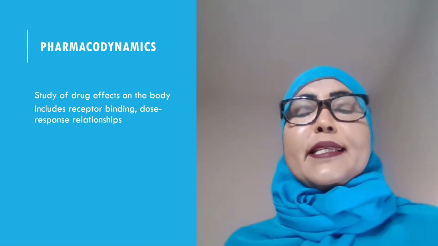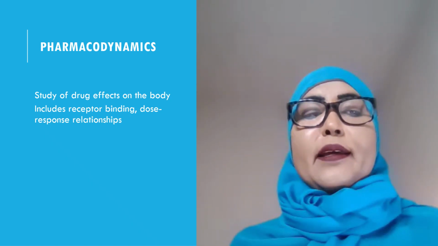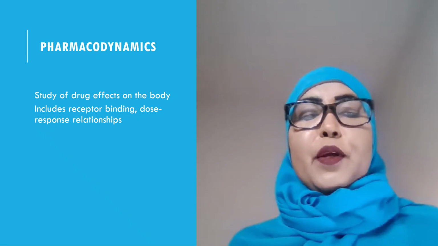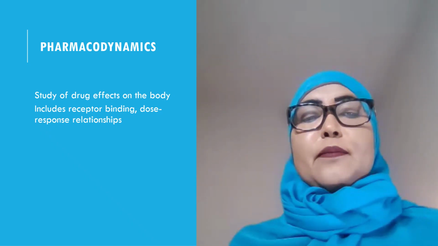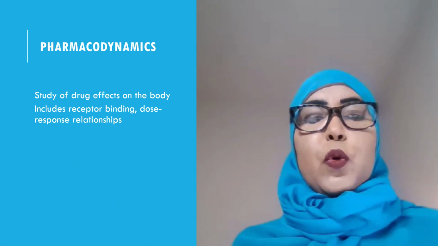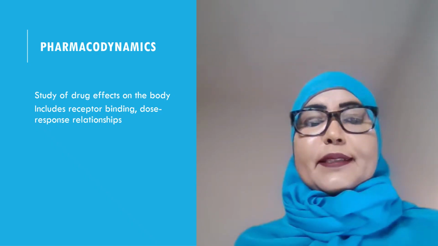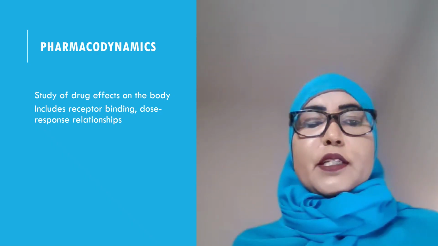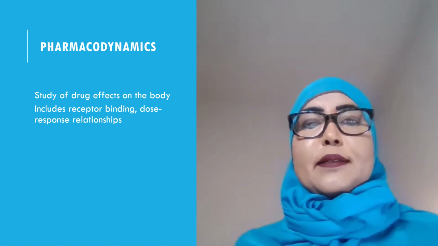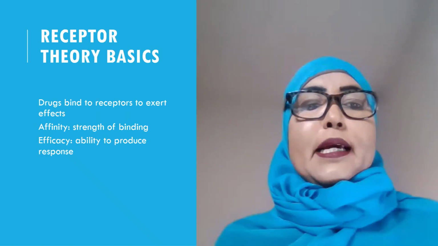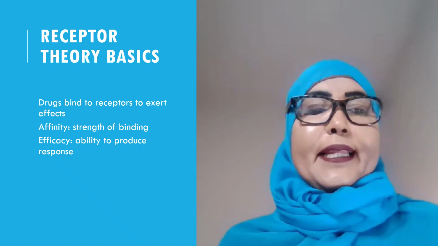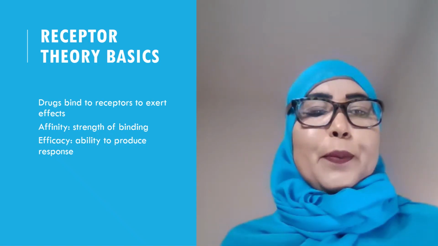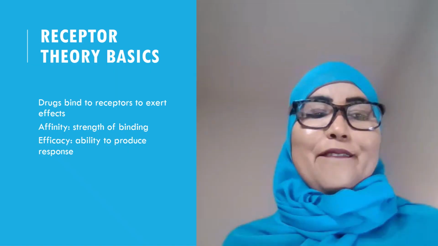Pharmacodynamics is the study of the drug effect on the body. So it's what the drug does to the body. It includes receptor bindings and the dose-response relationships. Receptor theory basis. Drugs bind to receptors to exert their effects.